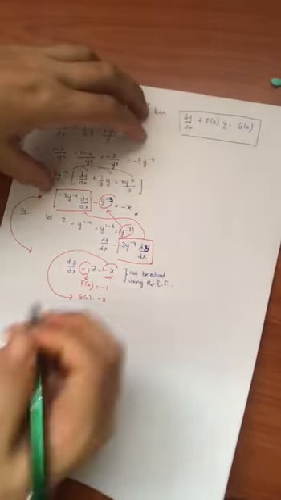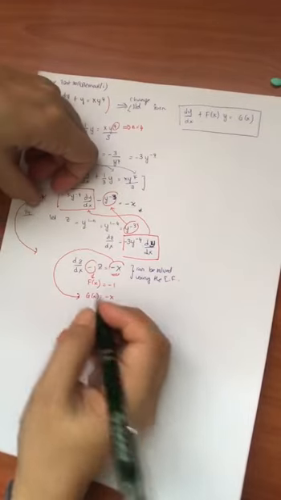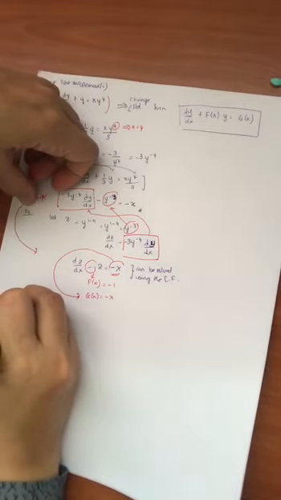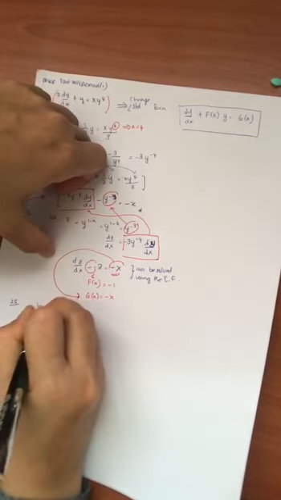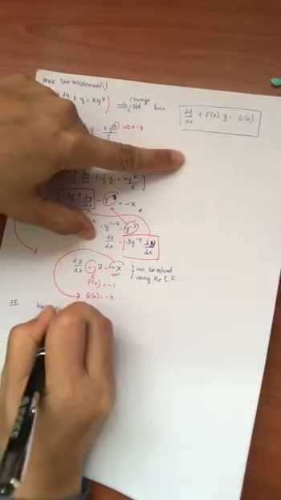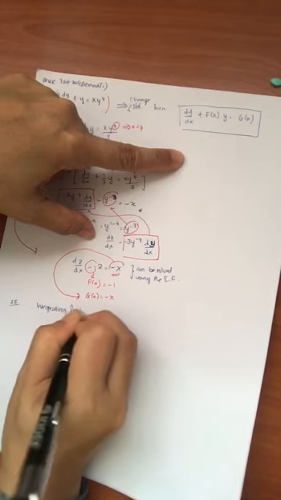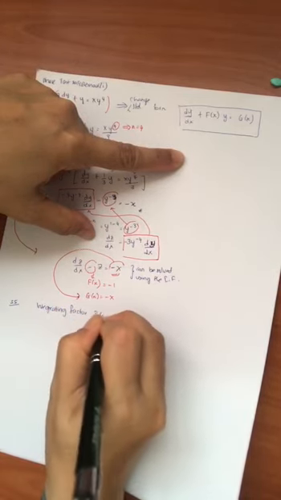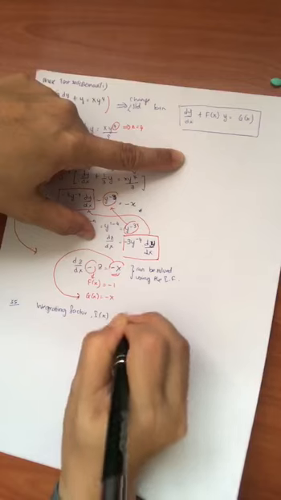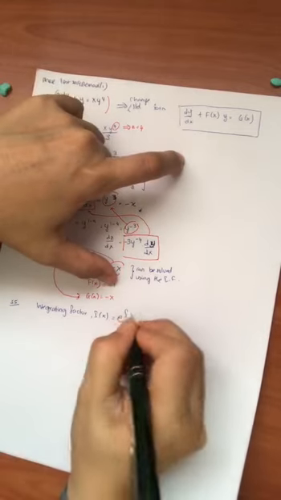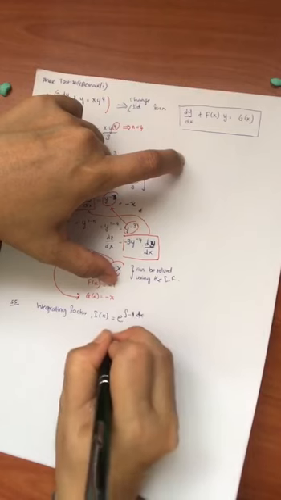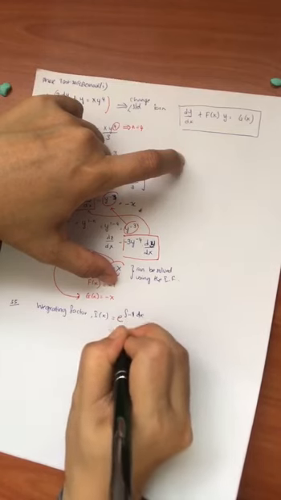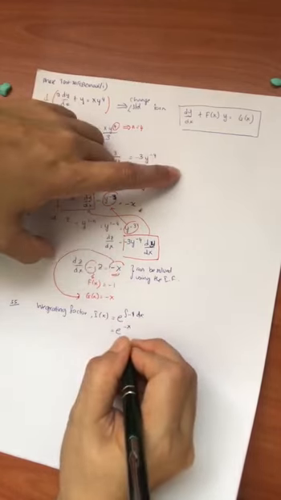Okay, so for solving this by using the integrating factor, we have to find the integrating factor. The integrating factor, the symbol I(x), equals e power of the integral of f(x), which is negative 1. When we integrate negative 1, we get negative x. So this is going to be our I.